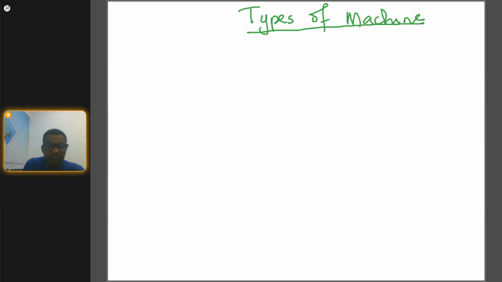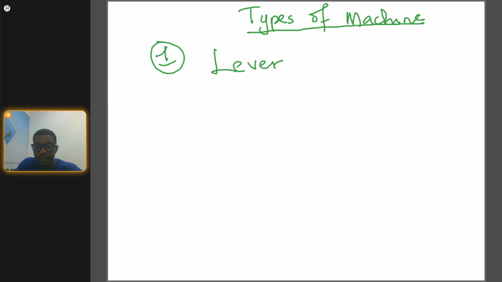We want to take the definition of lever, under types of machine or types of simple machine. The first one we are working with is the lever. So what is a lever?